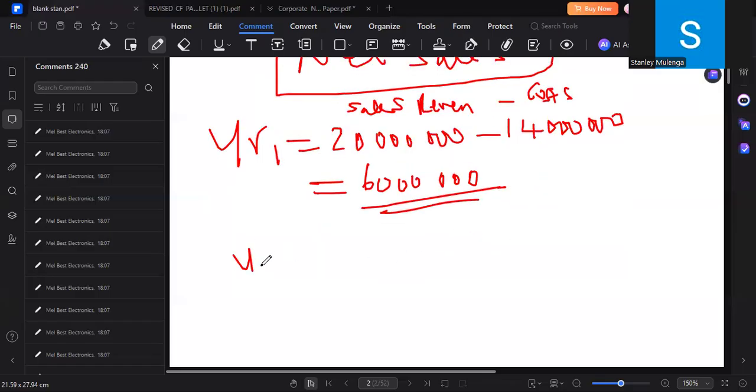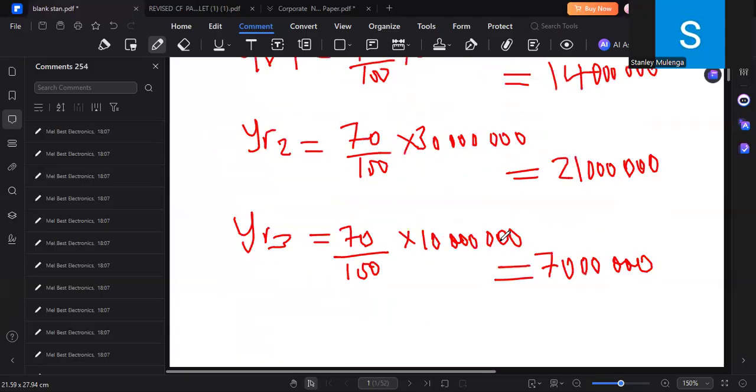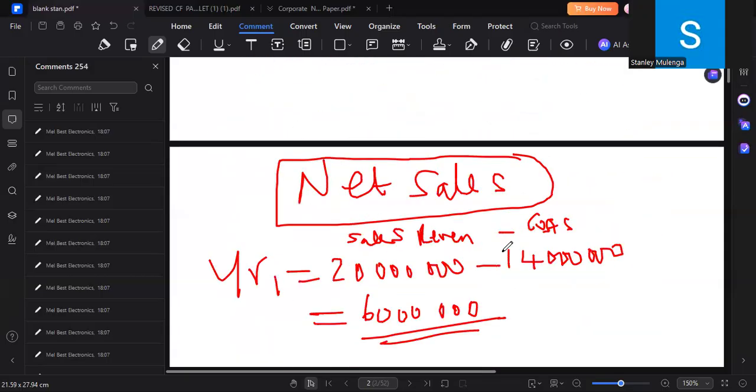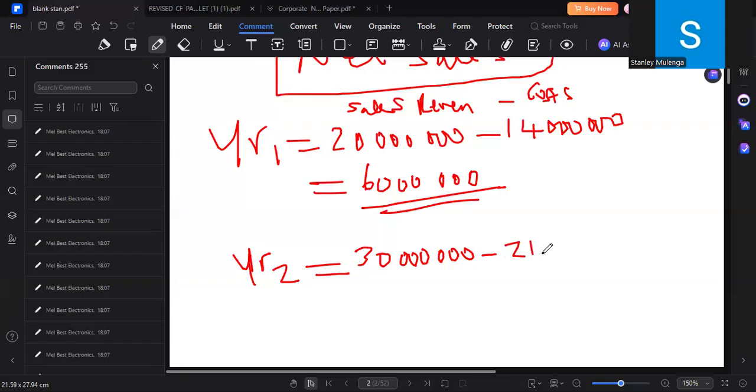Then year two is sales revenue of 30 million minus 21 million, which is 9 million.